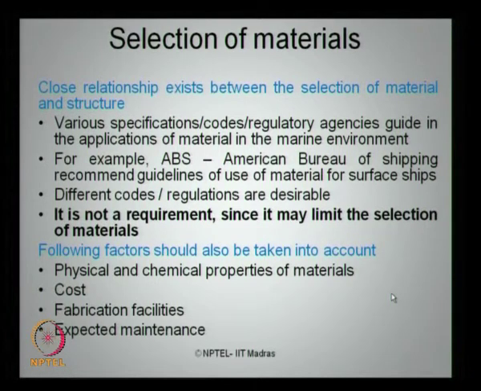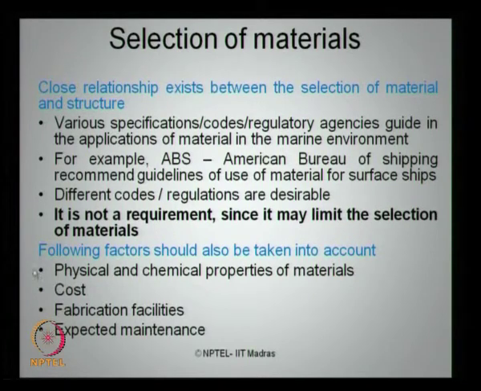And interestingly, expected maintenance must be there for putting the survivability of these kind of structural systems under the complex ocean environment. So, selection of material is closely governed by advice or recommendations given by various international codes. This gives us variety to select material depending upon different guidelines and recommendations.